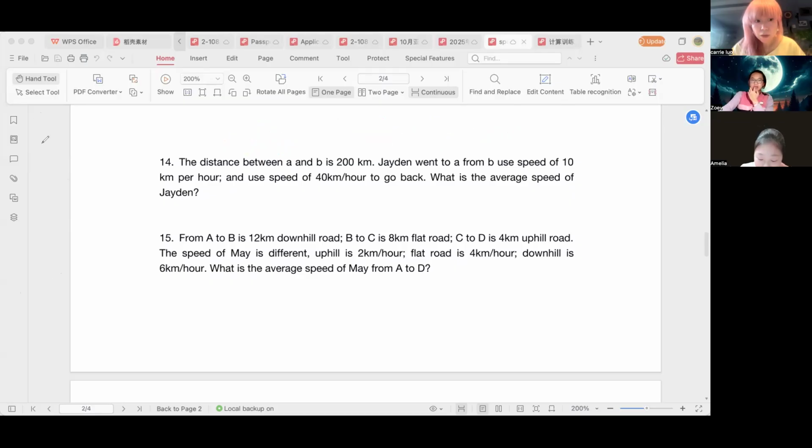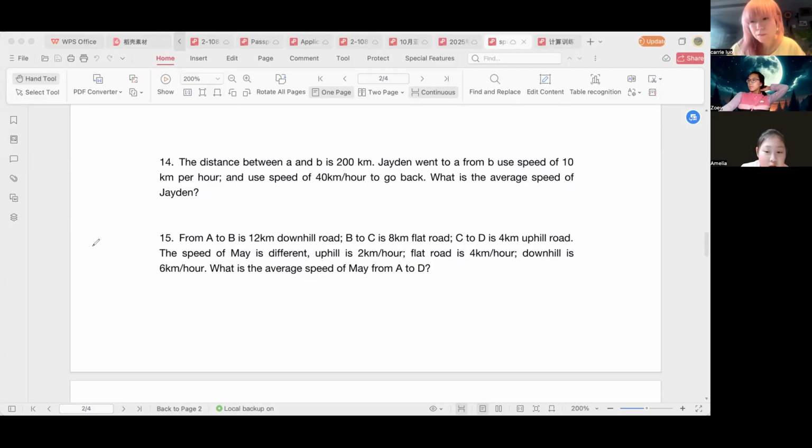Okay, number 15. Amelia, could you read the question for me? From A to B is 12 kilometers of downhill road. B to C is 8 kilometers of flat road. C to D is 4 kilometers of uphill road. The speed of A is different. Uphill is 2 kilometers per hour. Flat road is 4 kilometers per hour.